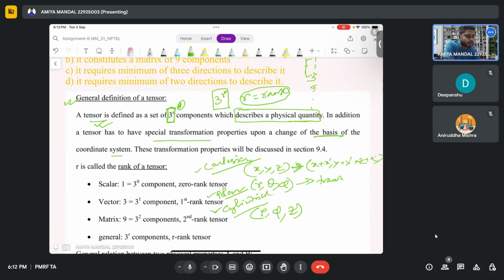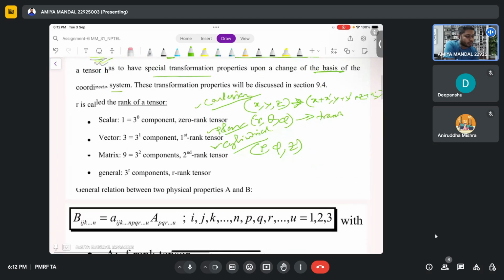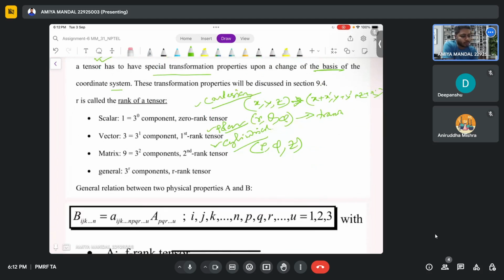So in any coordinate system, if the basis of the system is transformed, the tensor also follows these types of properties. Transformation we will see later, but we are now confining ourselves to the rank of the tensor. As previously we have written, 3 to the power r is the representation of a tensor.